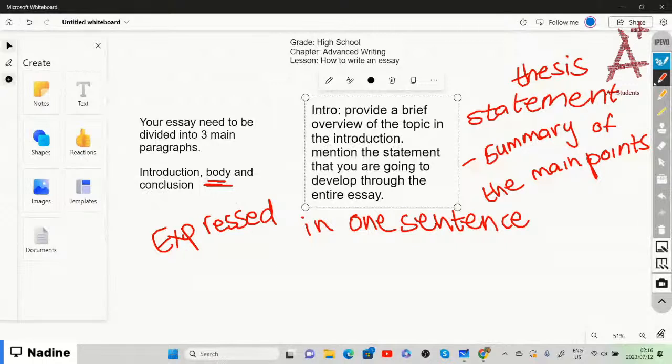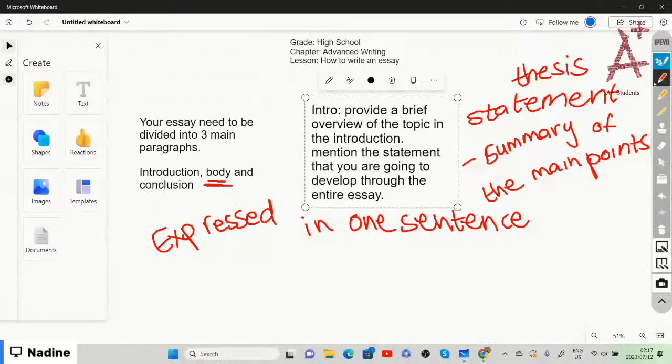And once again, like I say, within your body, that is where you now expand on it. You're telling us more deeply, expressing yourself even more, making arguments, giving us evidence, defining your arguments, and giving us an analysis of what the topic or question is about.